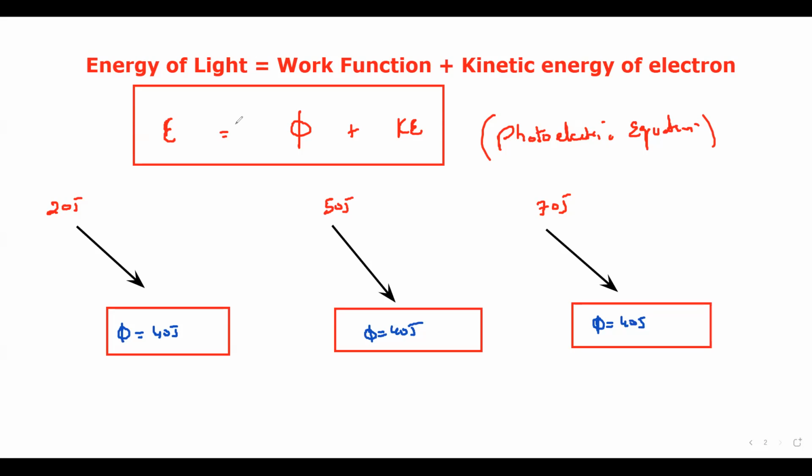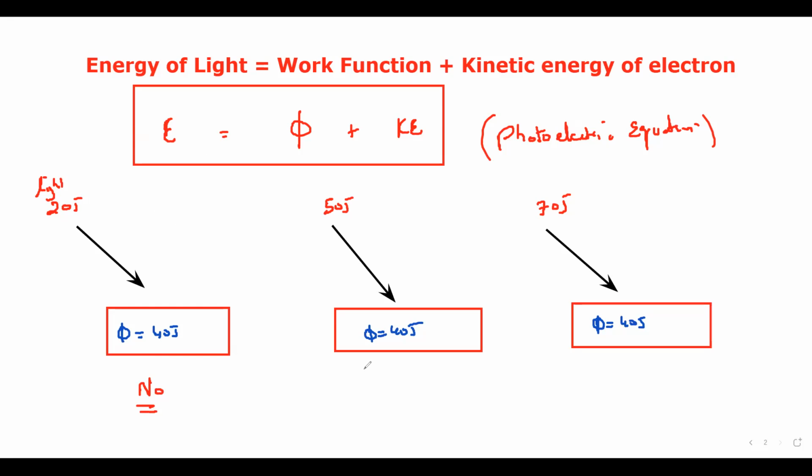Is there a photoelectric effect when light with energy of 20 joules falls on a metal with a work function of 40 joules? Because the energy of this light is less than the work function, the minimum energy needed to remove an electron, there will be no photoelectric effect.